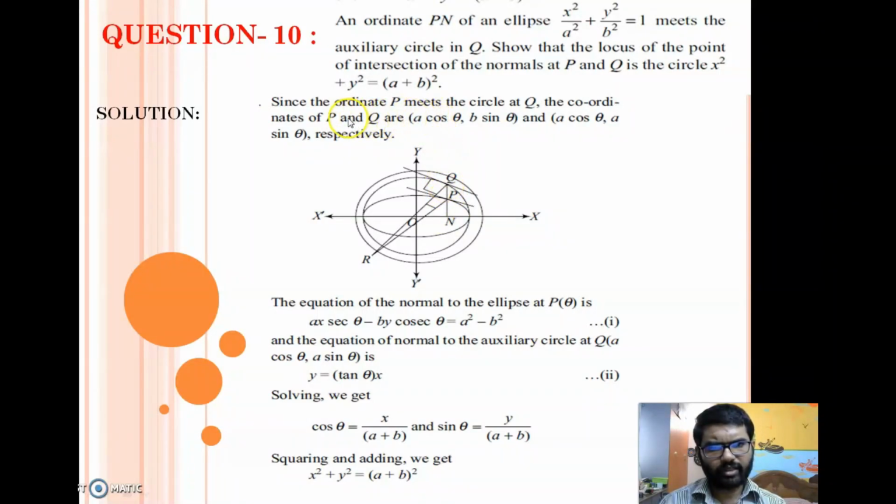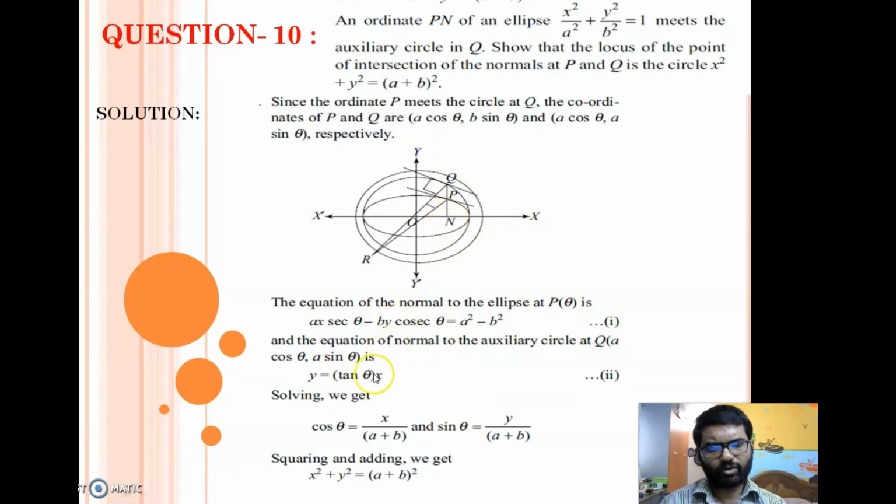Therefore, the coordinates of Q will become a cos θ and a sin θ. The coordinates of point P are a cos θ and b sin θ because it is on the ellipse. The equation of the normal at P is ax sec θ − by cosec θ = a² − b². The equation of the normal to the auxiliary circle at the point Q is what we'll get.